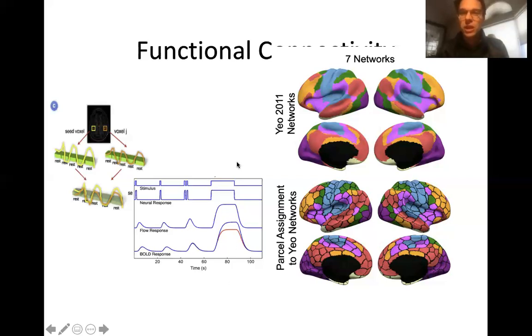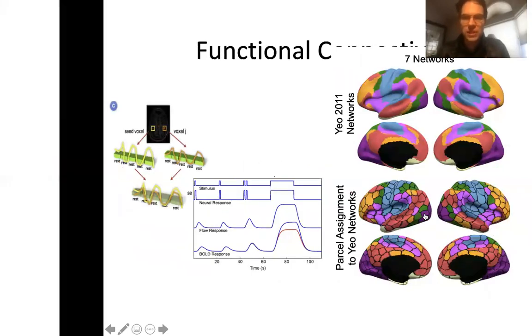Okay. Which color is the ventral? The ventral is this light pink one. The light pink is a pretty disperse one.